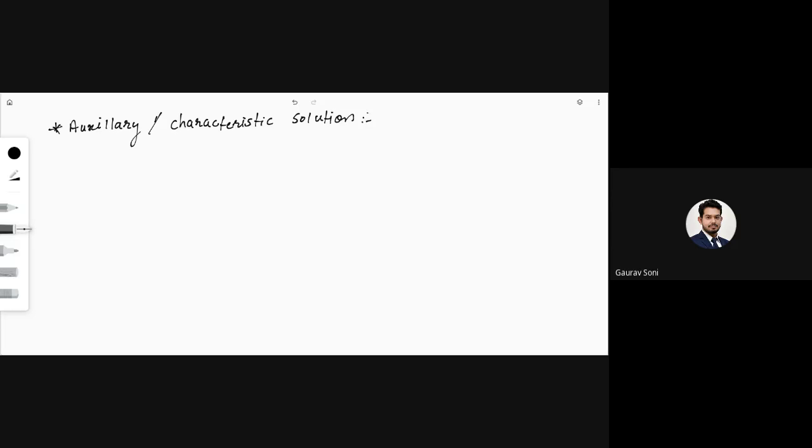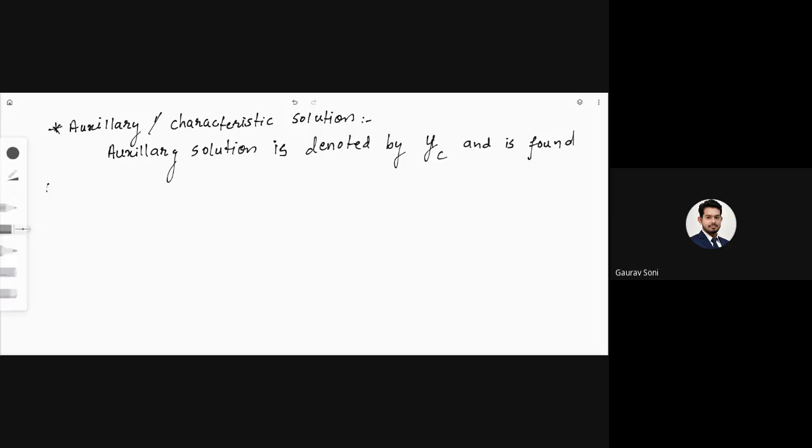The auxiliary solution is denoted by yc and is found using the roots of the auxiliary equation.